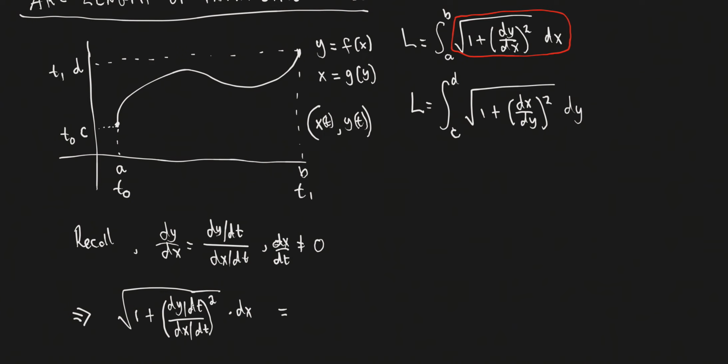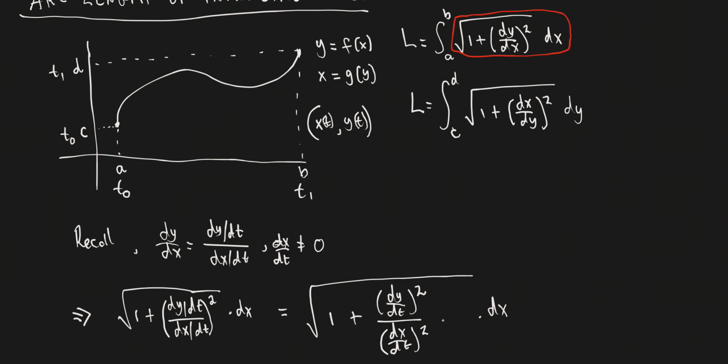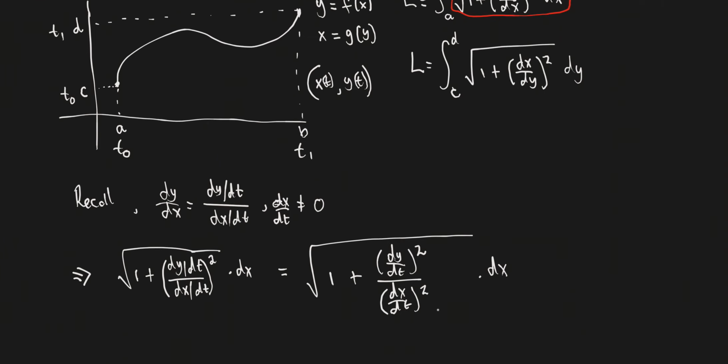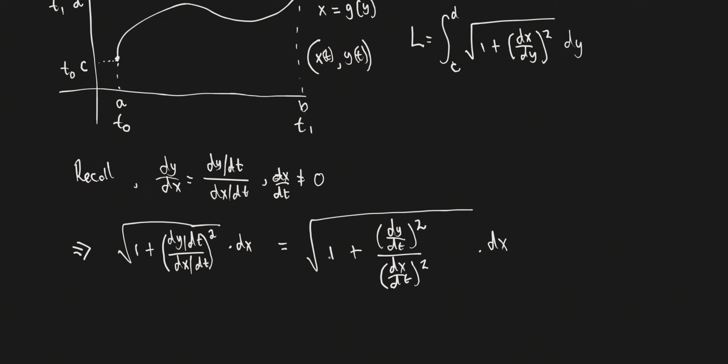We can square the numerator and the denominator. So I'm going to write a pretty big radical here, and then this will be (dy/dt) squared over (dx/dt) squared, and then this is times dx. So now under the square root, we have 1 plus this fraction.